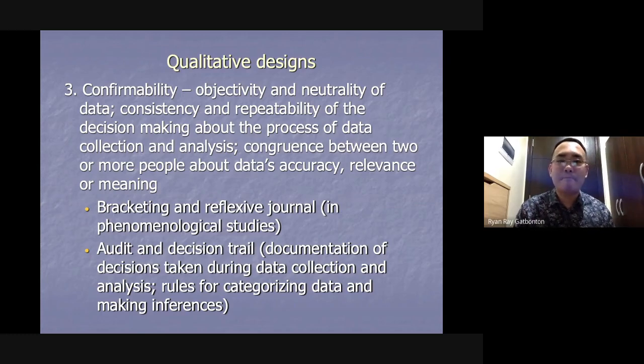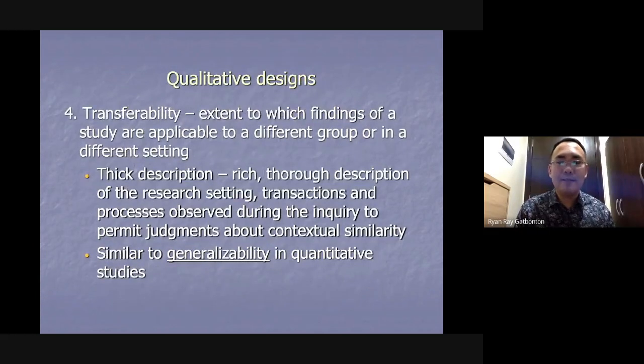Okay? The fourth dimension of trustworthiness is transferability, or the extent to which your findings are applicable to a different group or in a different setting. With this said, this is similar to generalizability in quantitative studies.